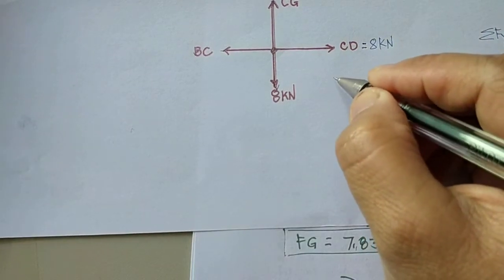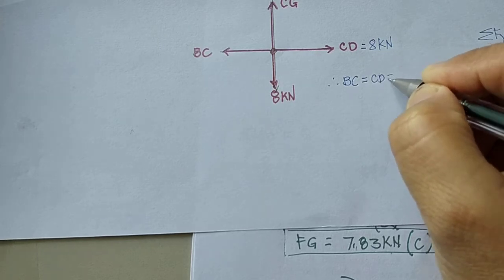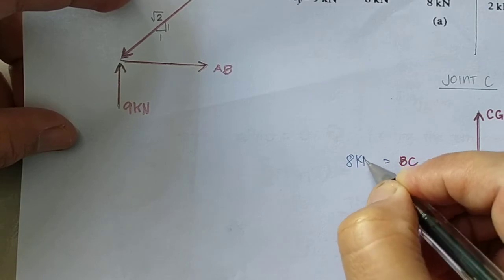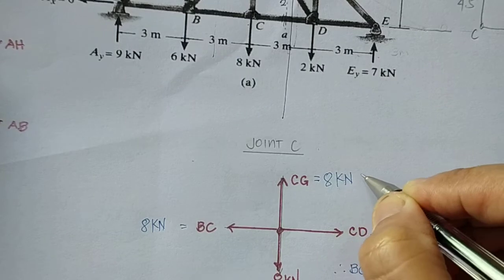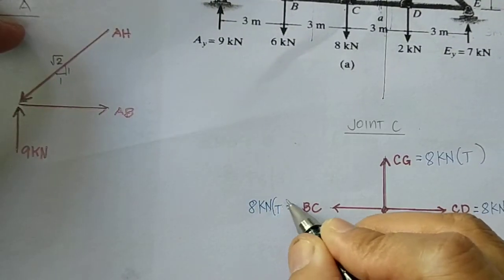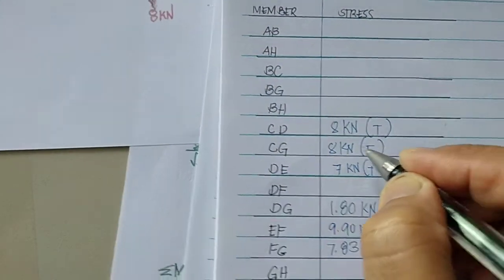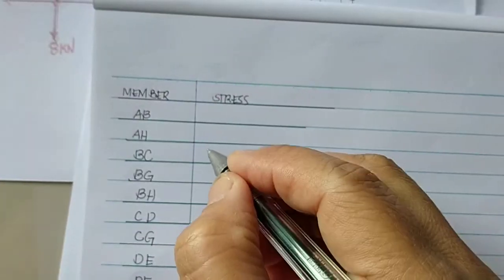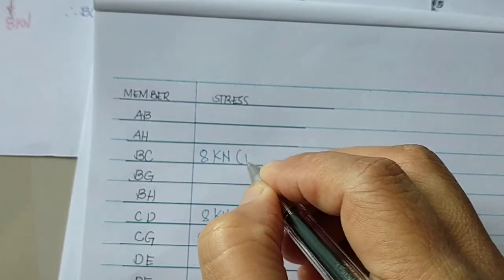Therefore the value of BC is also the value of CD, which is 8 kilonewton. The value of CG is 8 kilonewton tension, and the value of BC is also 8 kilonewton tension.